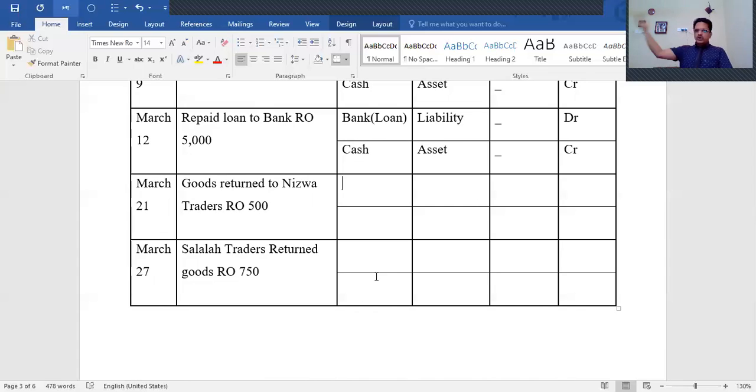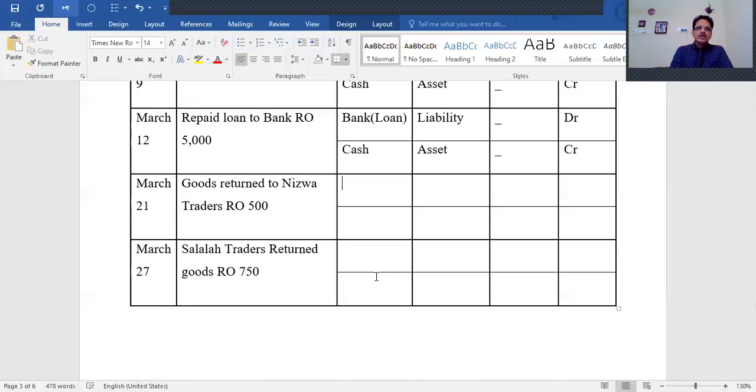Just like you sold goods to a customer and the customer finds some goods defective, broken or damaged, so the customer may return the goods to you. Mostly in credit purchase and credit sale there are more chances of returns. If it is a cash transaction, the chances of returns will be less.